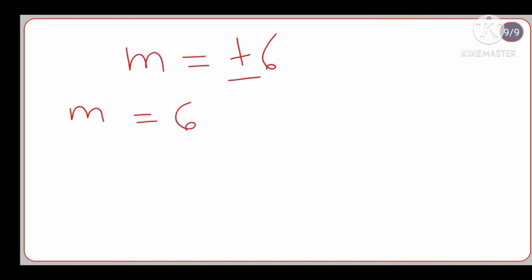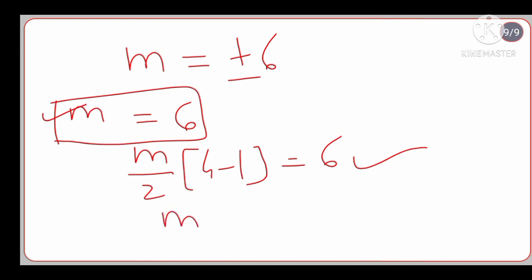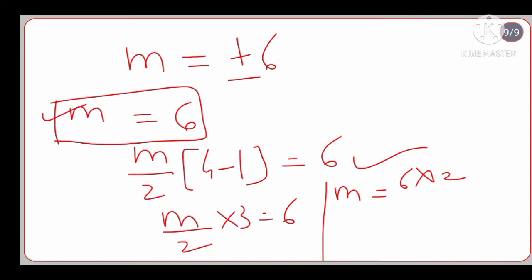Our previous expression is nothing but m by 2 into 4 minus 1 equal to 6. So it becomes m by 2 into 3 equal to 6. So m equals 6 into 2 by 3. So the value of m is nothing but 4. Thank you.